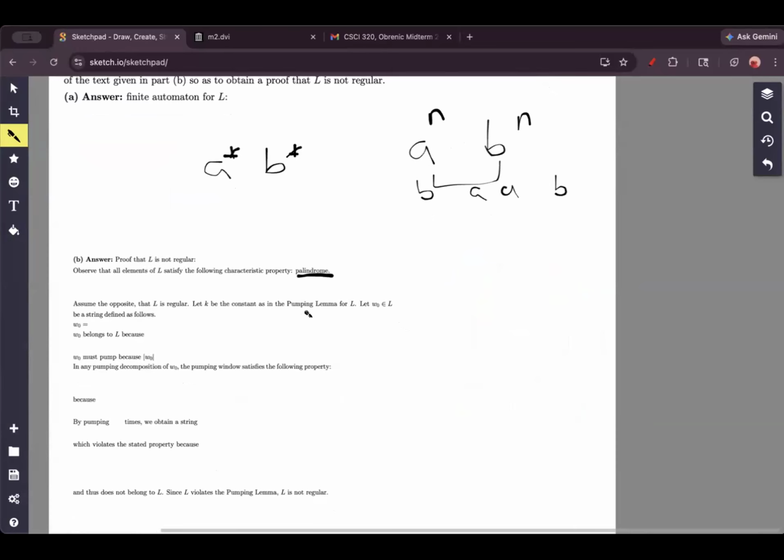It could be any arbitrary number, 1, 2, 3, 4, up to infinite, basically. Let p be the pumping constant as in the pumping lemma for L.